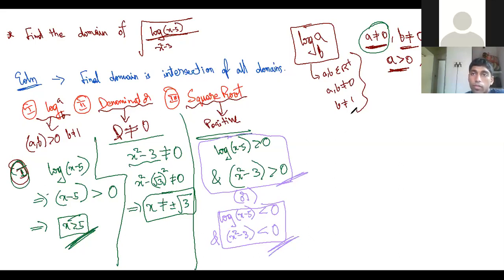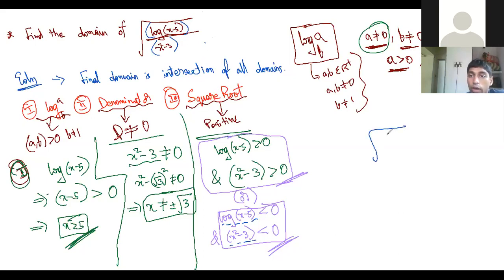Sir, if the value of x is less than 5, then this case can also... No, that is not right, but anyway that is not the question. My question is, if both of them are simultaneously negative, is it still valid? Yes, because their minus signs will get cancelled.